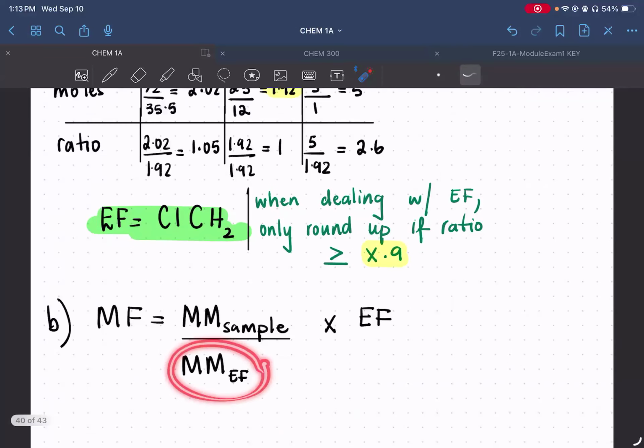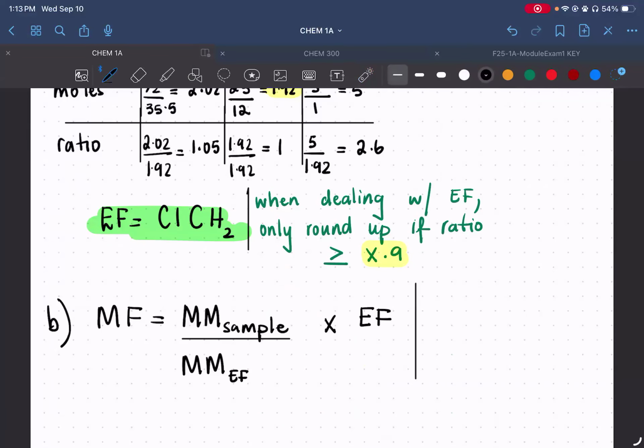What we need, of course, is the molar mass of the empirical formula. So let's take a second to calculate that. There is 1 chlorine, 1 carbon, and 2 hydrogens. This is equal to 35.5 added to 12 added to 2.